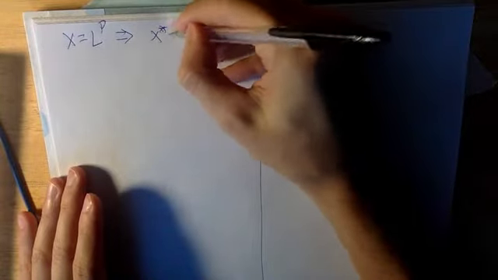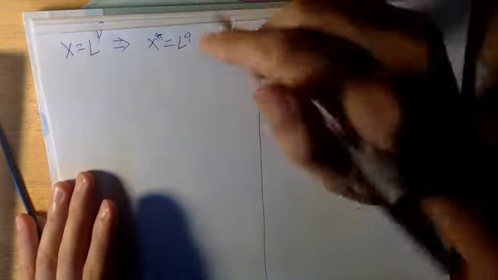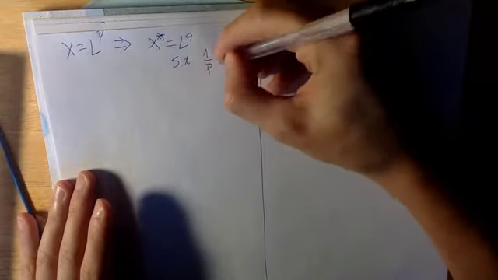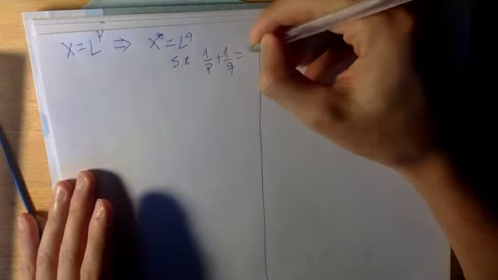Just to give you an idea of how duals work, if X is equal to Lp, then X star is equal to Lq, such that 1 over p plus 1 over q is equal to 1.